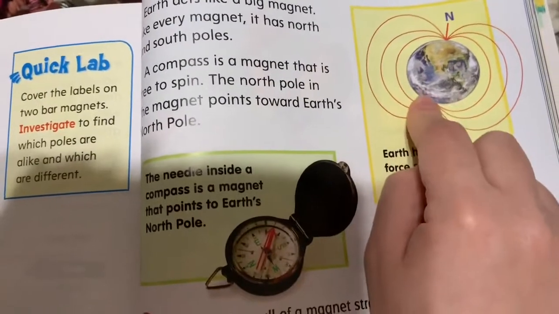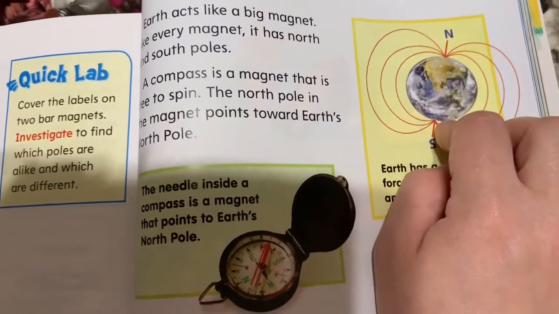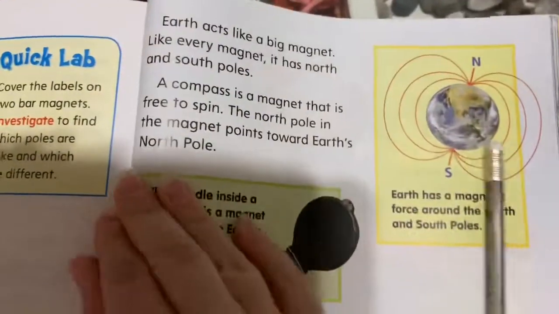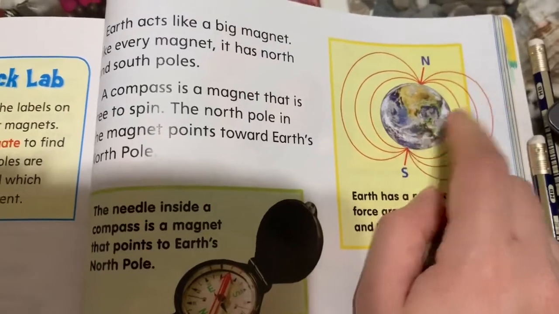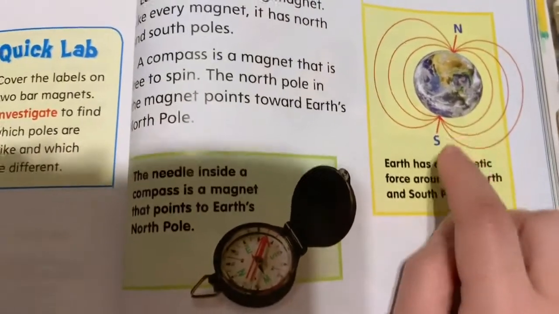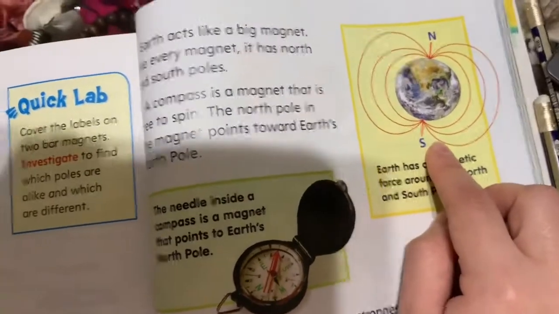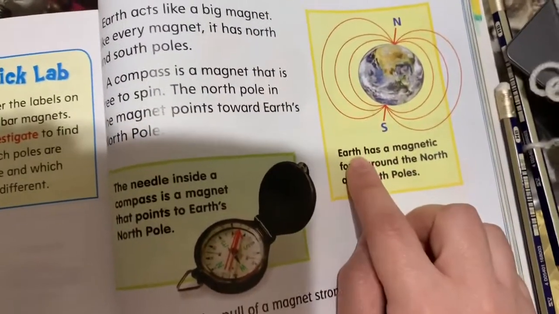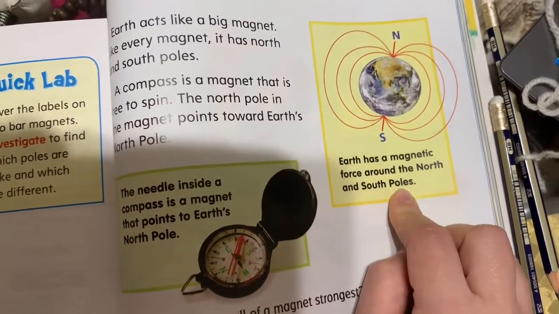Here's the Earth, and the Earth has a magnetic field, a very strong magnetic field. You're going to learn about it more in the coming grades. Earth has a magnetic force around the north and south poles.